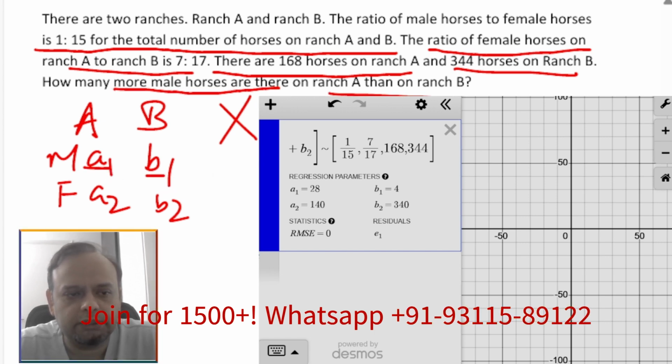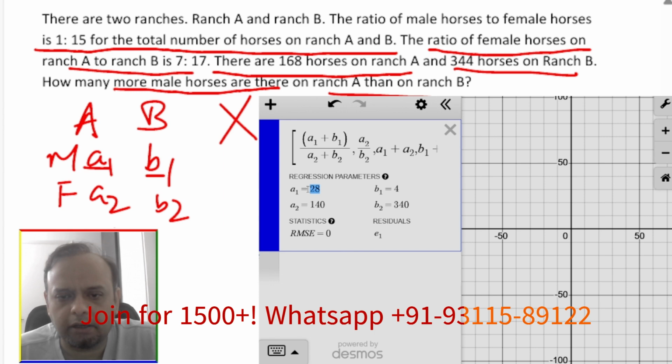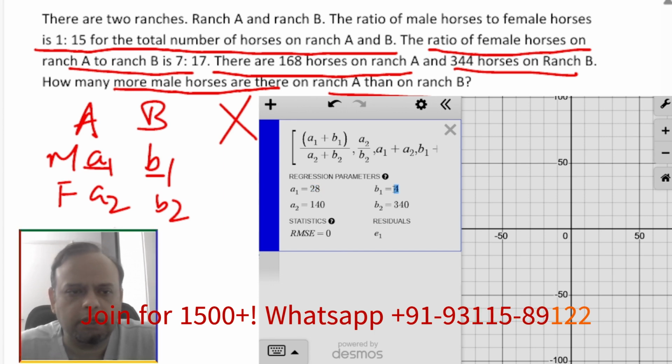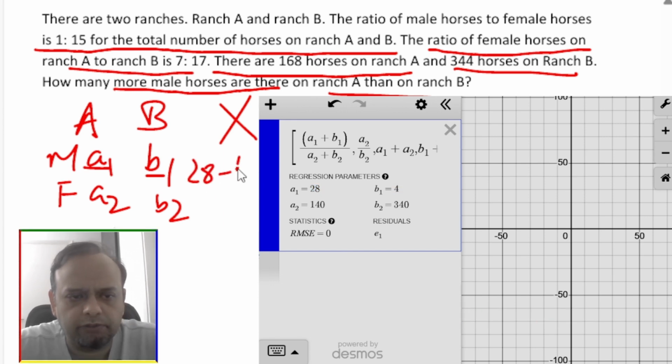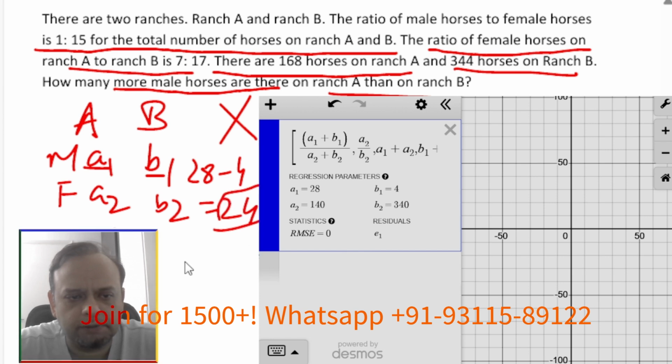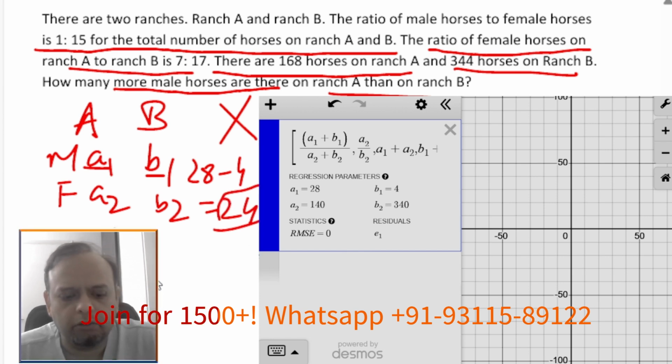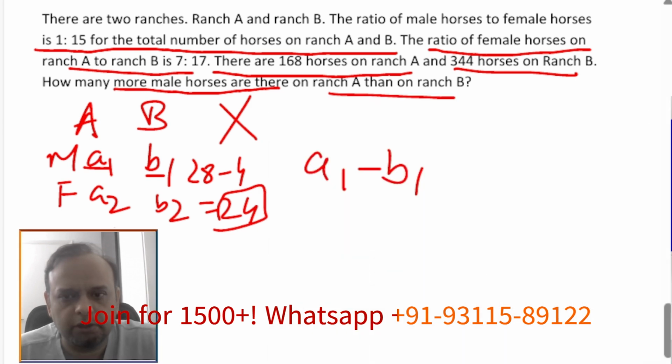Male horses, we need to figure out A1 minus B1. All right, and that's simple. A1 is 28 and B1 is 4, right? So we simply need to figure out 28 minus 4, or 24. That's your answer.